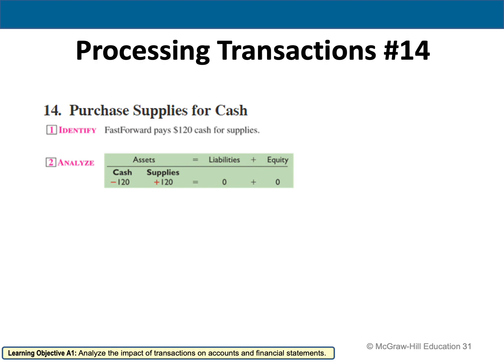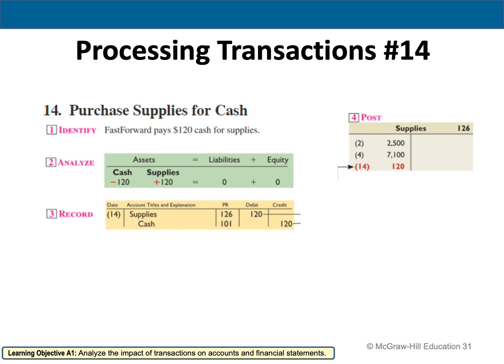So now how am I going to record the journal entry here? Of course, because the supply is increasing and supply is an asset, I have to record it on the debit side, and cash is decreasing, and cash is an asset, which means that I should record it on the credit side. So in the journal entry I'm going to say supplies to cash, and when I post it in the T account, I have to draw the T account for the supplies, and record the 120 on the debit side.